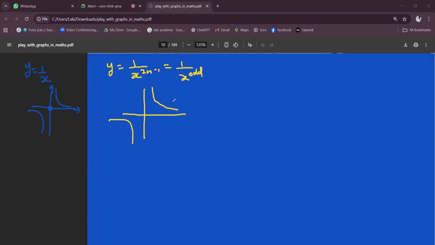Let's suppose this is a graph of 1 upon x. If we want to find the graph of 1 upon x cube, then it will look like this.